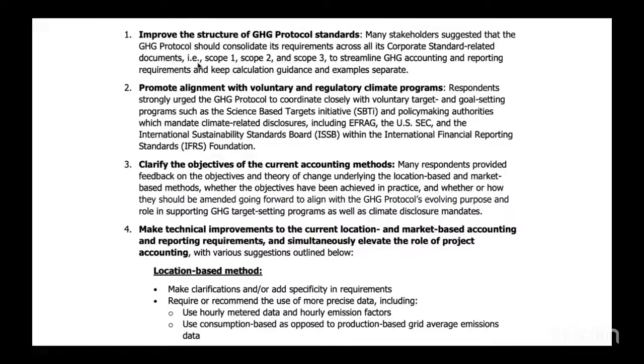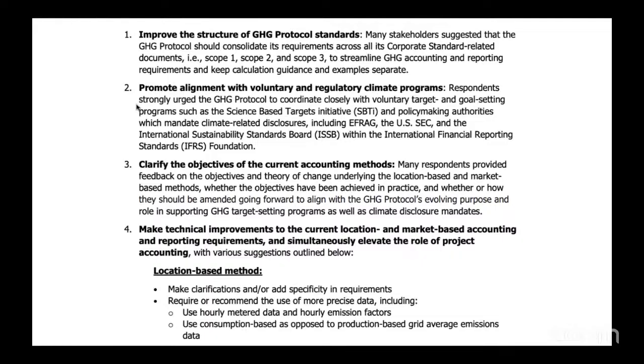For example, Scope 1, Scope 2, and Scope 3, to streamline GHG accounting and reporting requirements and keep calculation guidance and examples separate. Second, promote alignment with voluntary and regulatory climate programs.